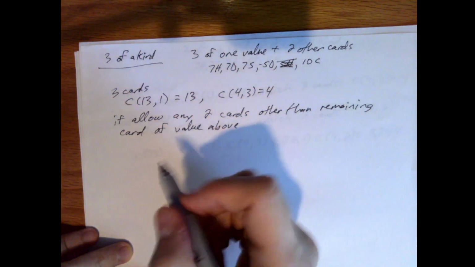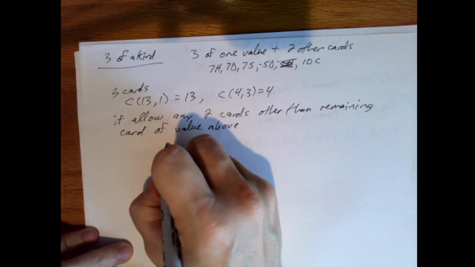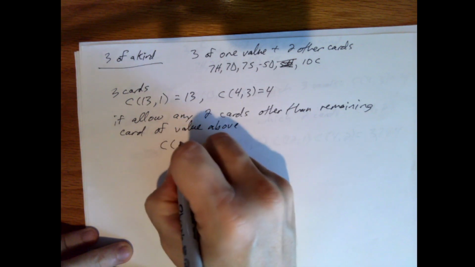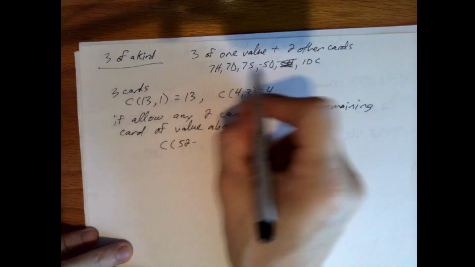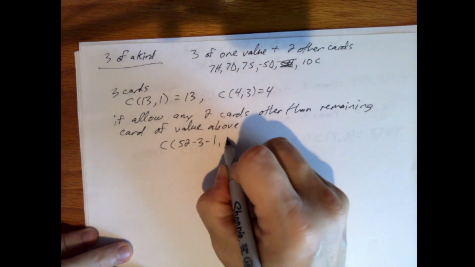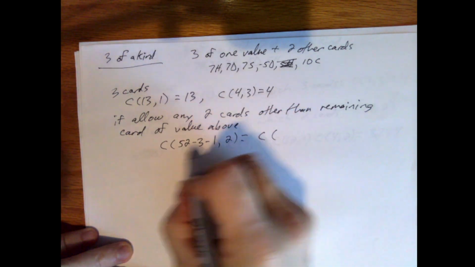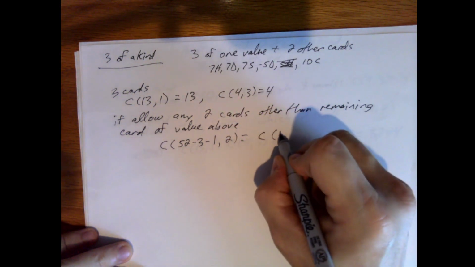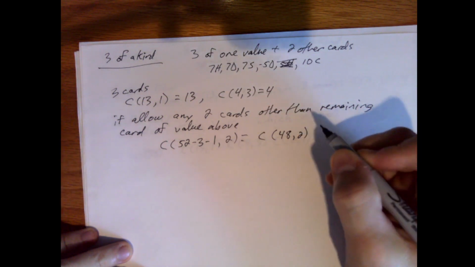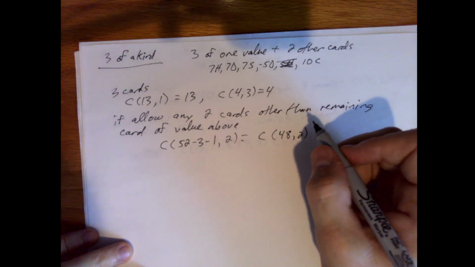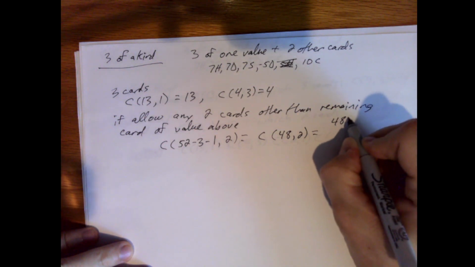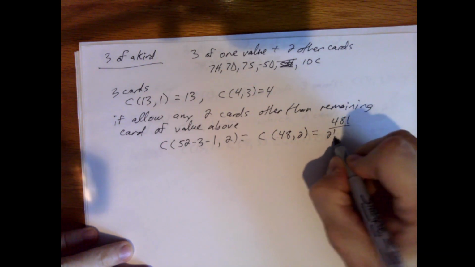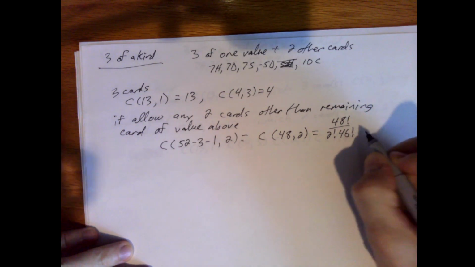Okay? So if we did that, then we would have C of 52 minus the 3 cards here, minus the remaining 1, taking 2 at a time, which is really C of 52 minus 4, which is 48, taking 2. Okay? And so this is 48 factorial divided by 2 factorial times 46 factorial.